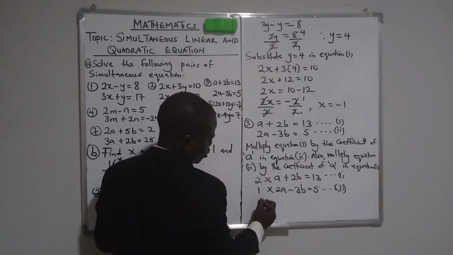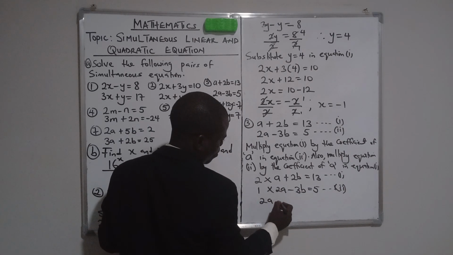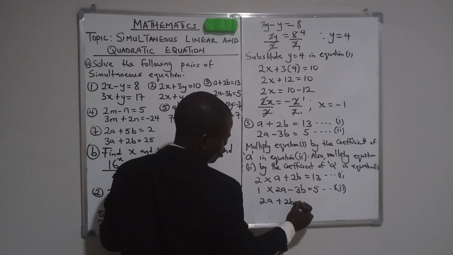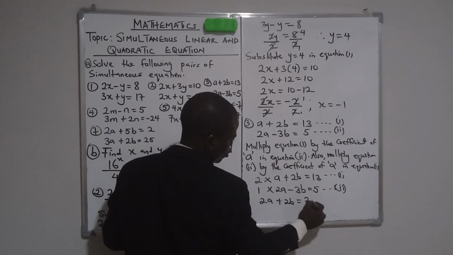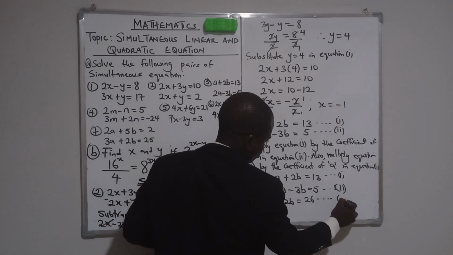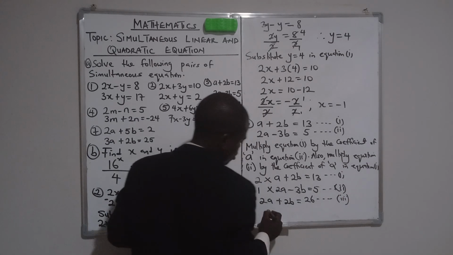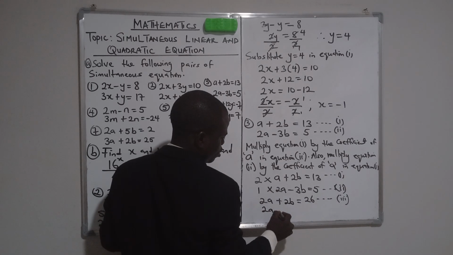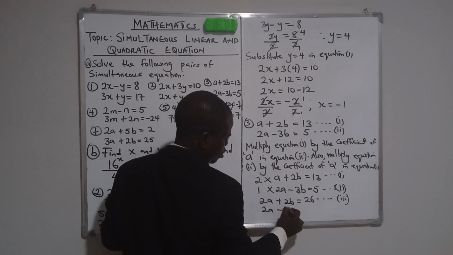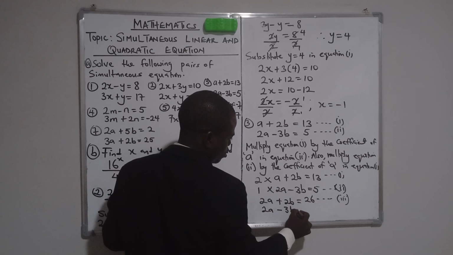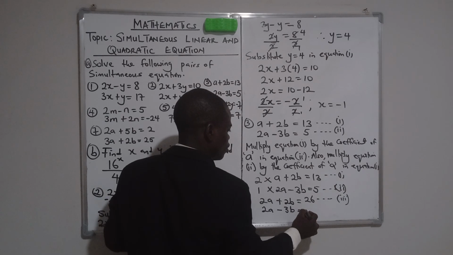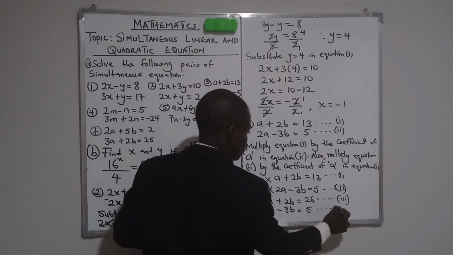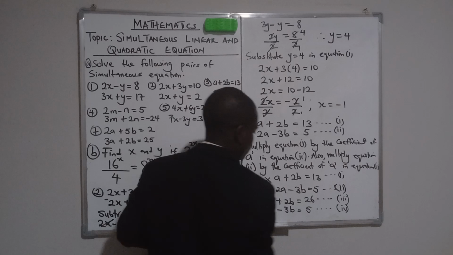When you do the multiplication, you have 2a plus 2b equals 26. Equation 3. I'm having 1 times 2, that's 2a minus 3b equals 5. Equation 4.